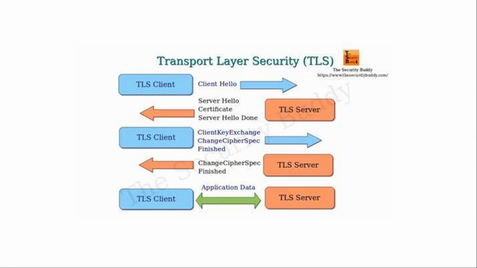First of all, the TLS client, your browser, sends a client hello to the server saying which TLS protocol versions it supports, since within TLS there are various versions like 1.2 and 1.3, and what are the cipher suites, meaning the symmetric and asymmetric algorithms that your browser supports.